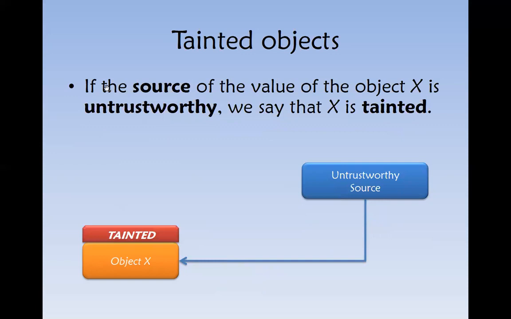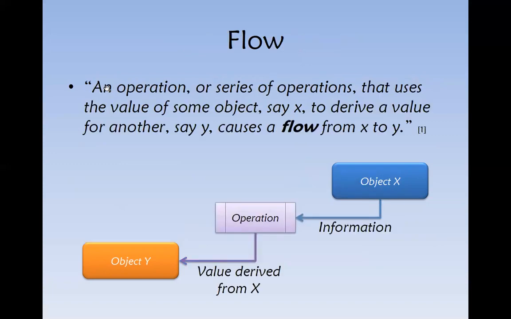So the term taint analysis stems from the fact that we in the security community like to refer to tainted objects. So what's a tainted object? A tainted object is one whose value is affected by an untrustworthy source. As you saw from the previous slide, there are flows of information from one object to the other.